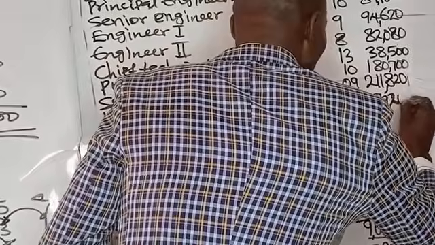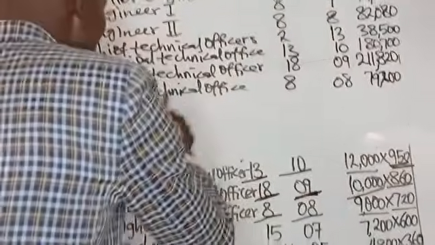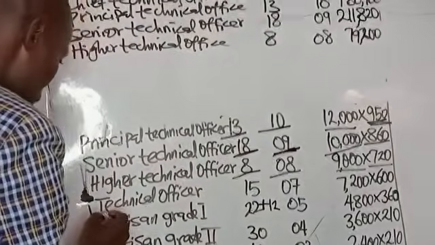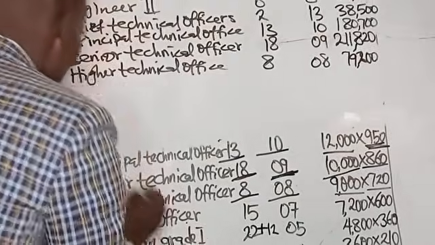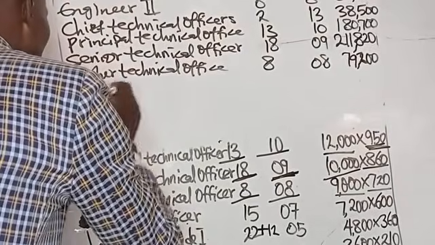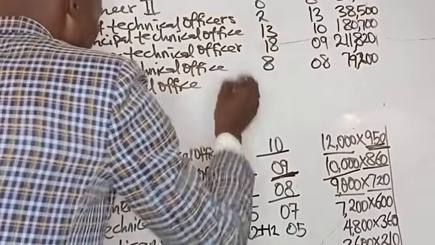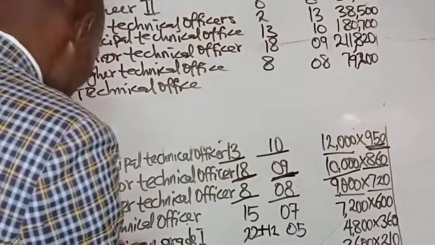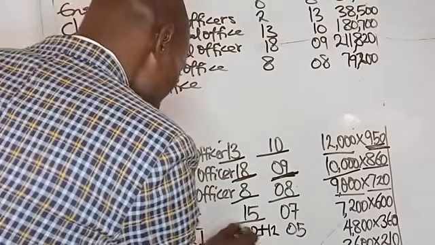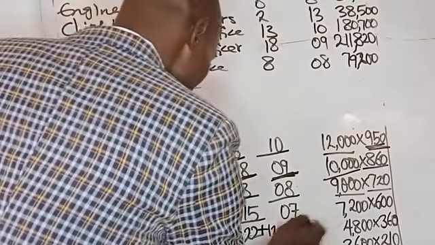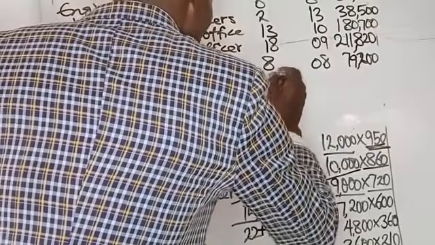79,200. After higher technical officer, we have technical officer. And that is how many employees? 15 employees, grade level 7.